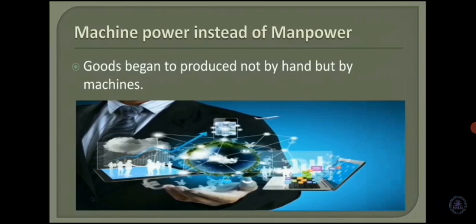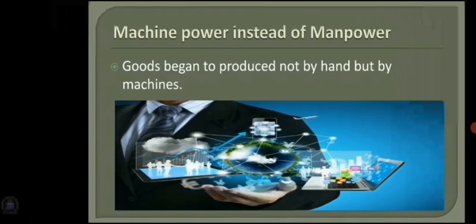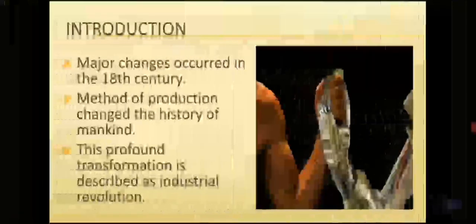With machine power instead of manpower, goods began to be produced not by hand but by machines. We call this the Industrial Revolution. Introduction. In the later half of the 18th century, major changes occurred in the methods of production that changed the history of humankind. This profound transformation is described as the Industrial Revolution.